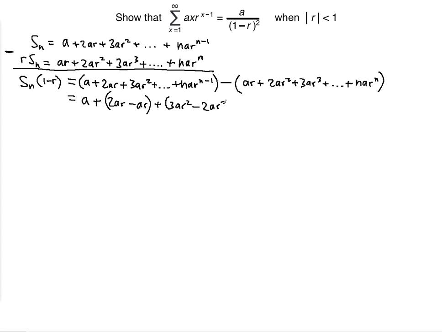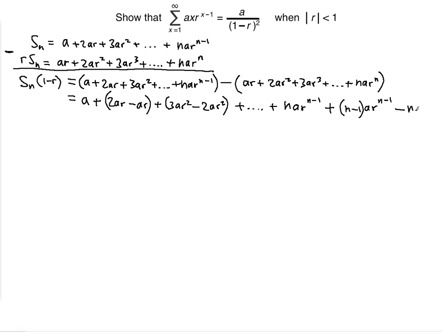Subtract that. So what happened? We're pairing the second term of the first parentheses with the first term of the second parentheses. So this term will be paired with the one before it, which is going to be n minus 1 ar to the n minus 1, and the last one will be unpaired, but there's a minus sign, keep that in mind.